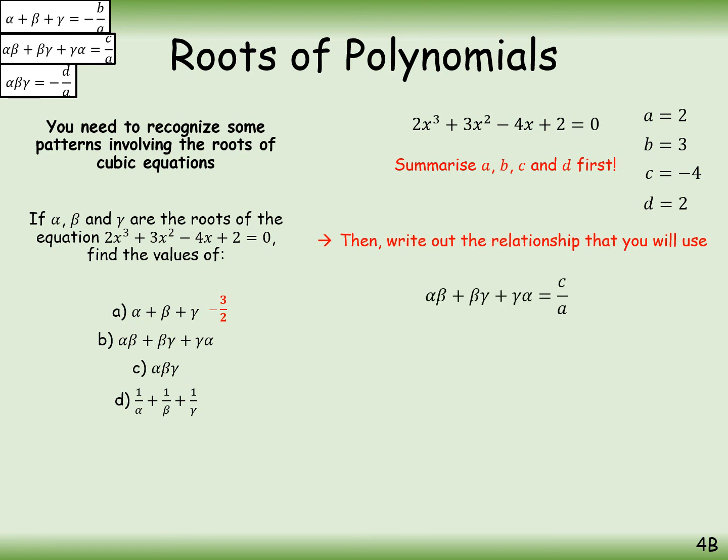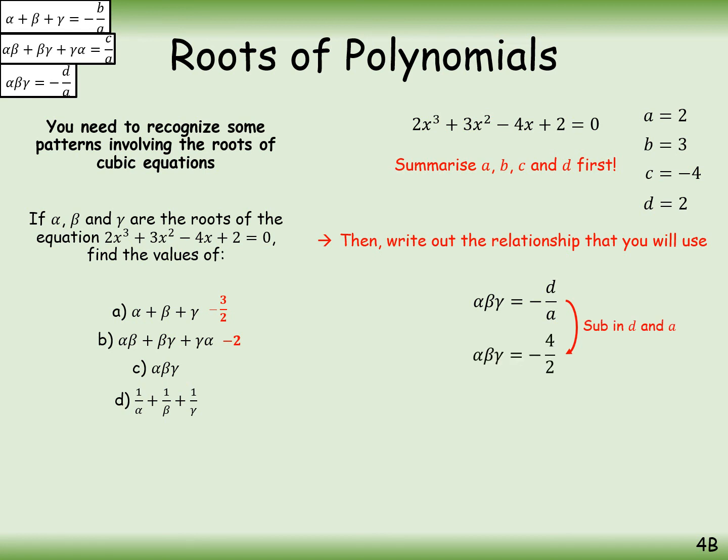Now if we take the doubles, alpha beta plus beta gamma plus alpha gamma equals c over a. If we substitute in c and a, we get minus 4 over 2, which equals to minus 2. Now the product of all three roots equal to minus d over a.